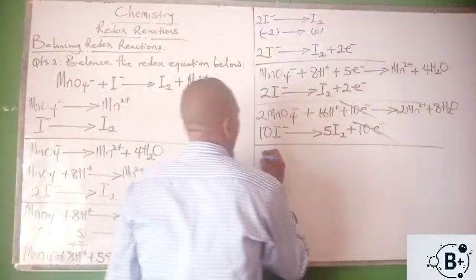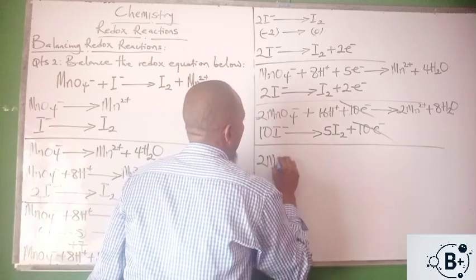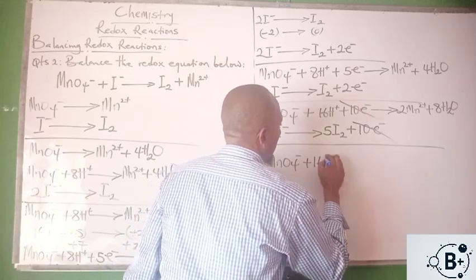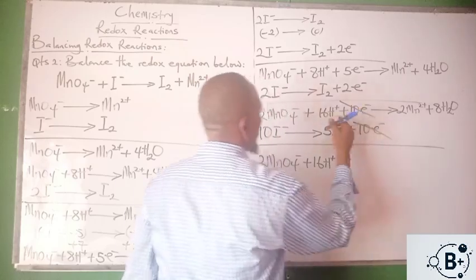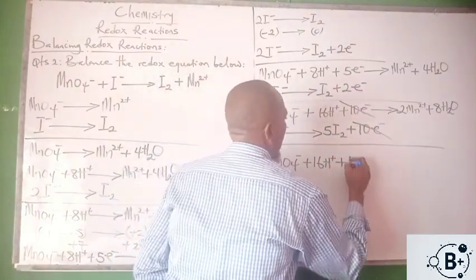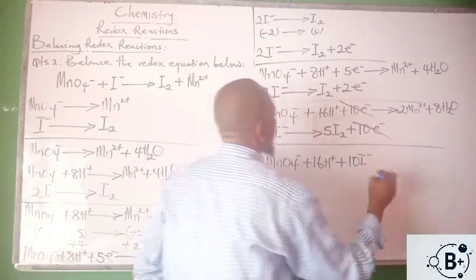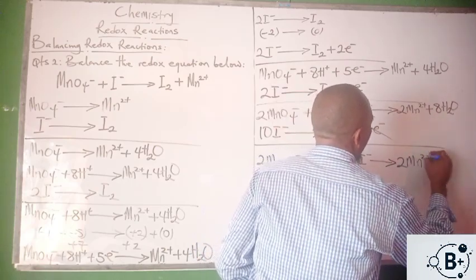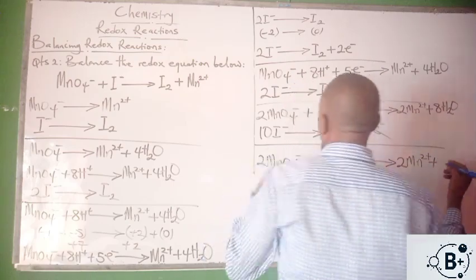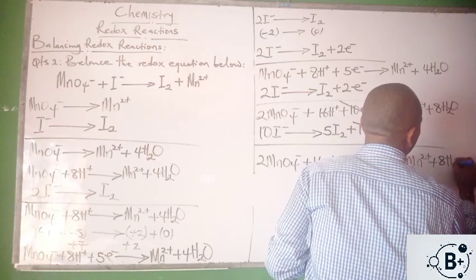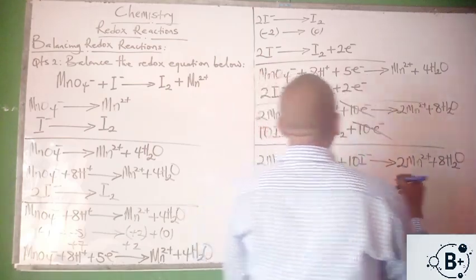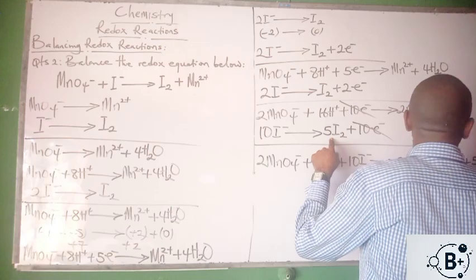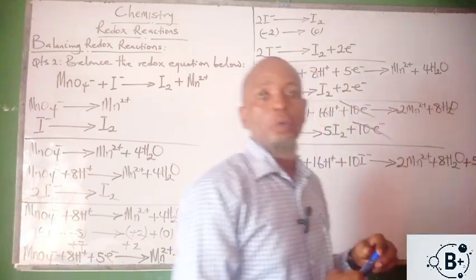So here we are now writing 2MnO4 minus plus 16H plus, now plus 10I minus, which gives, we come to this side, 2Mn2 plus, then plus 8H2O, then plus 5I2.